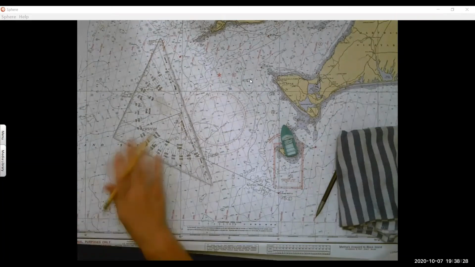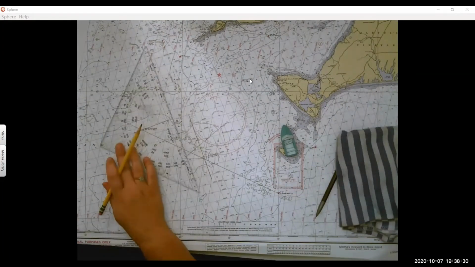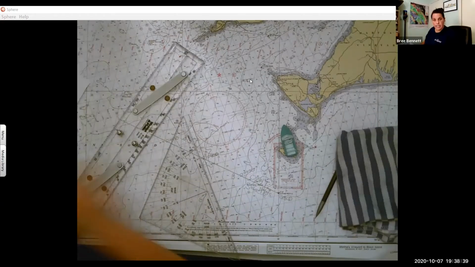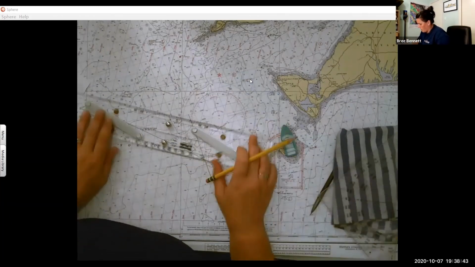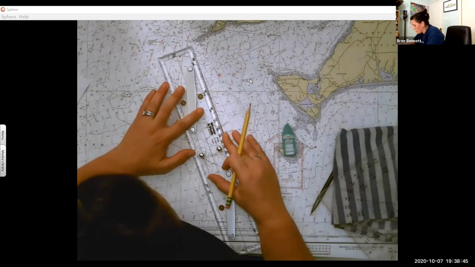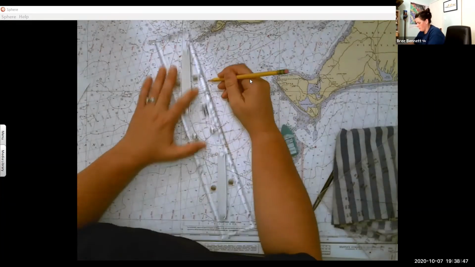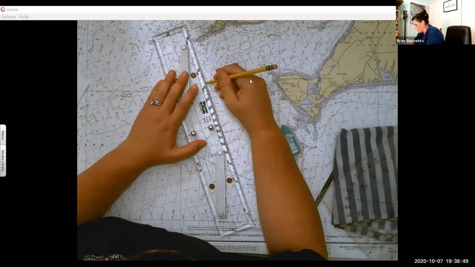So Bree, if we're using dividers, then we still line up at Buzzards Bay Light, and then we just walk over to the compass rose to 340? If you're using these guys? Yes, parallel rulers, I'm sorry. So we get 340 on the parallel rulers.